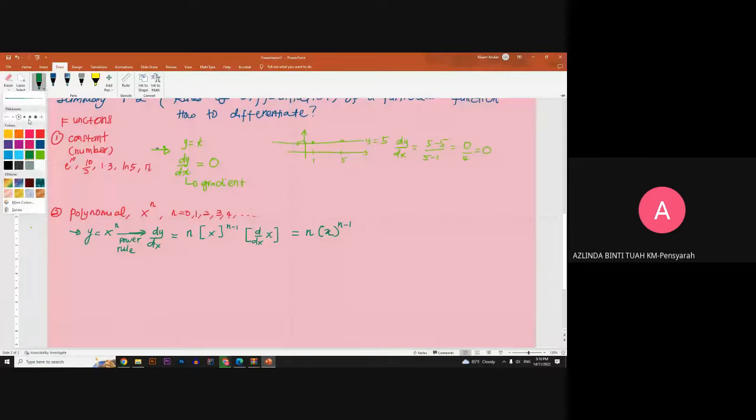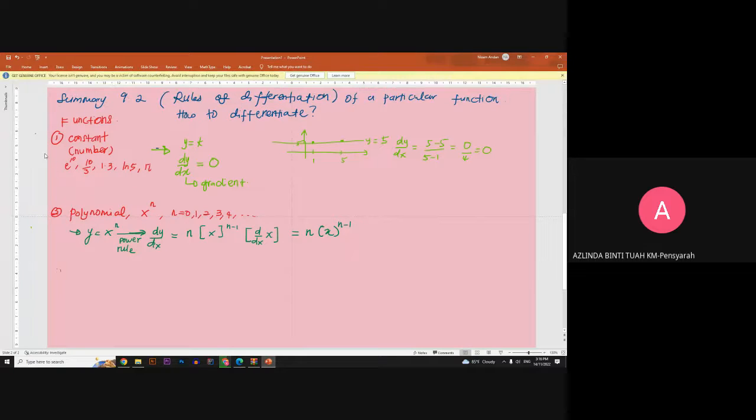Yang ketiga, what else? Apa lagi function yang kita belajar? Kalau dia 1 over x pun including juga dekat sini. 1 over any number. Actually dia boleh jadi x power of n is not restricted pada positive integer saja. It is including any real number actually, except x power of 0.